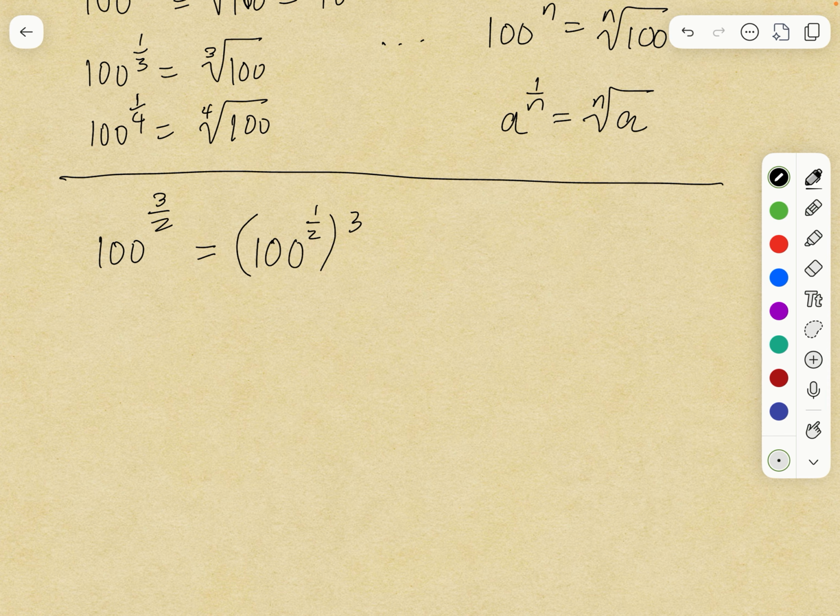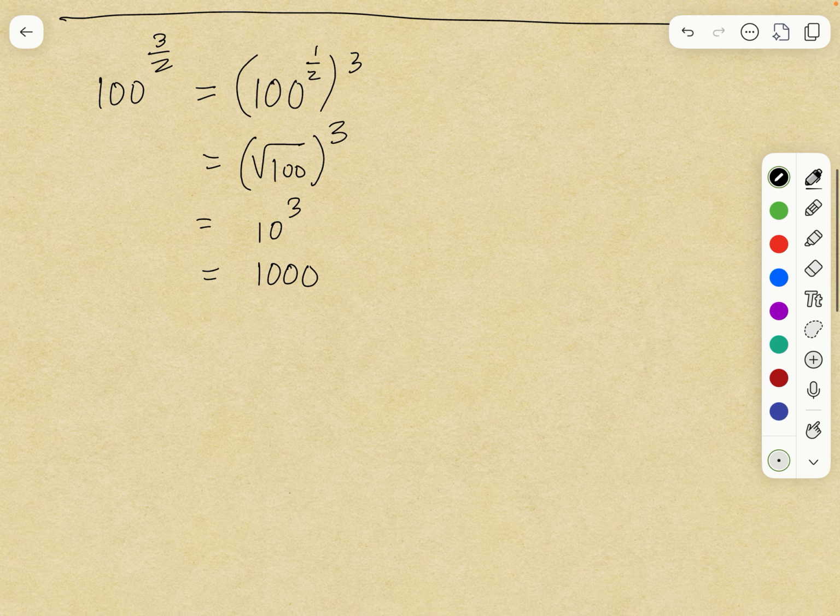And that leads us to define 100 to the 3/2 power. It's just going to be the square root of 100 cubed. And the square root of 100 is 10, and 10 cubed is 1,000. So 100 to the 3/2 power will be defined to be 1,000.